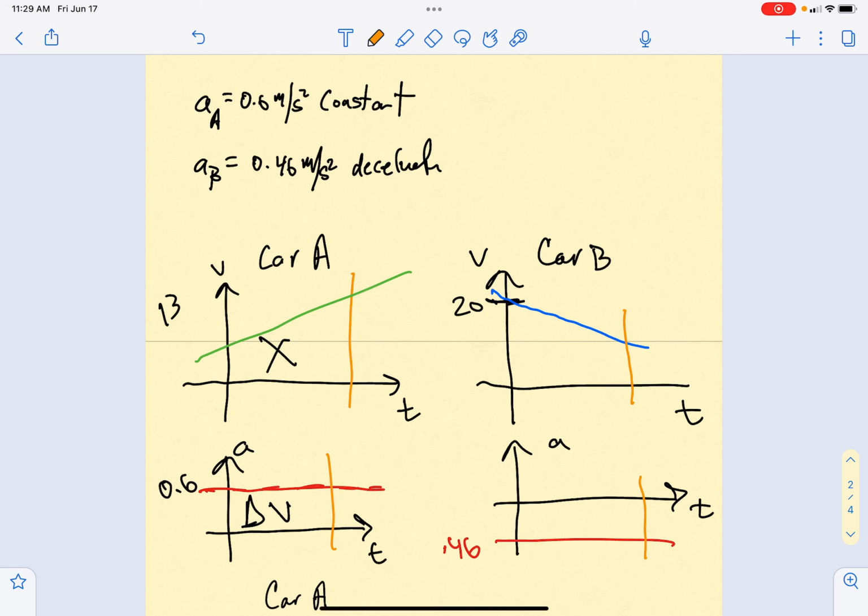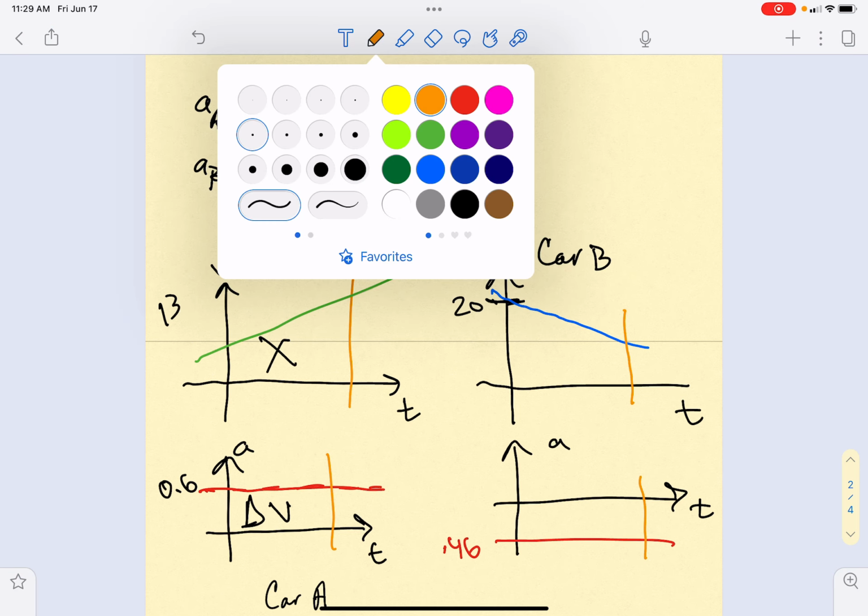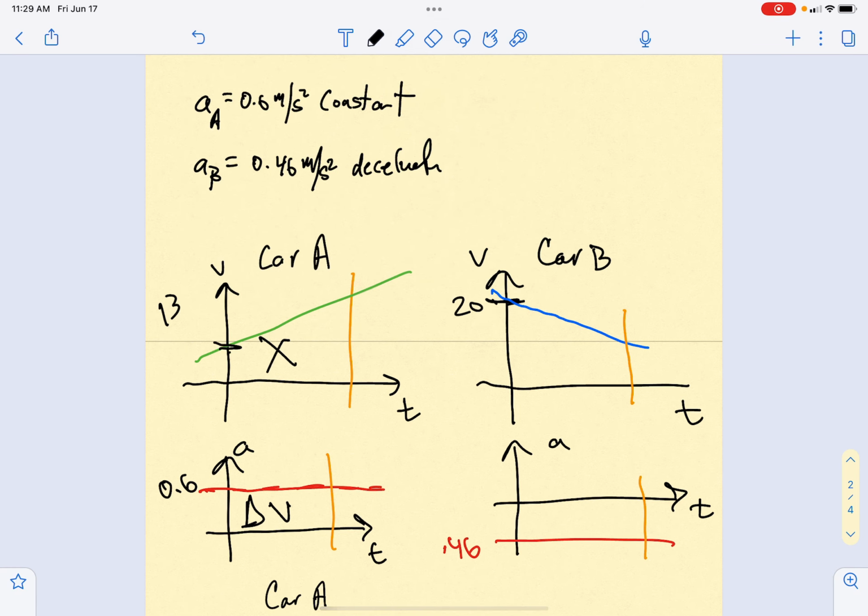So if car A is traveling at 13 meters per second, that means this point right here will have to be 13. So that's our 13 right here. And he's traveling and traveling. But notice something here. The acceleration is constant, so our acceleration graph will have a horizontal line.